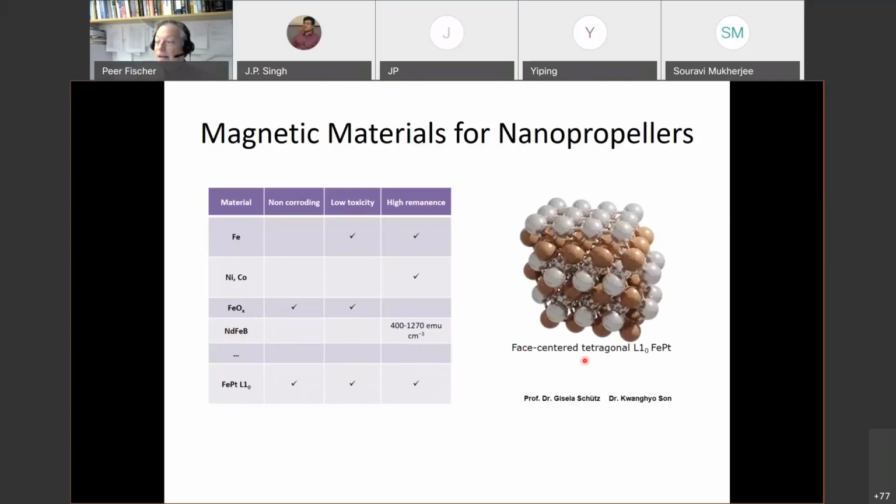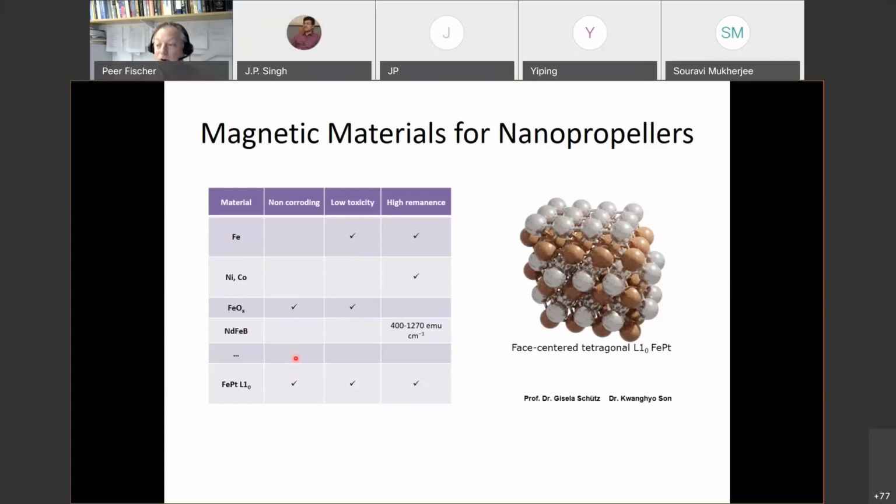And here, and I'm almost done, is a very interesting material, and it's quite curious. If you add platinum, which is not magnetic, to iron, then their interaction will cause a super strong magnetic material. It's almost as strong as neodymium iron boron, almost the same. It's really exceptionally strong. Plus, these are all biocompatible materials.